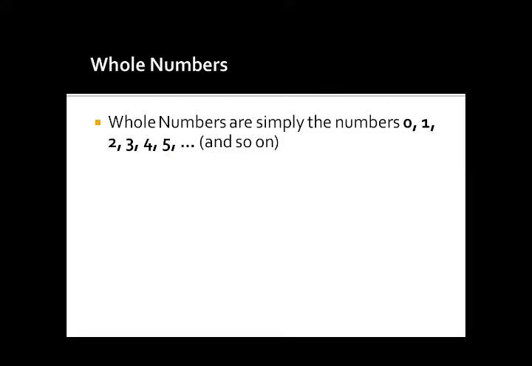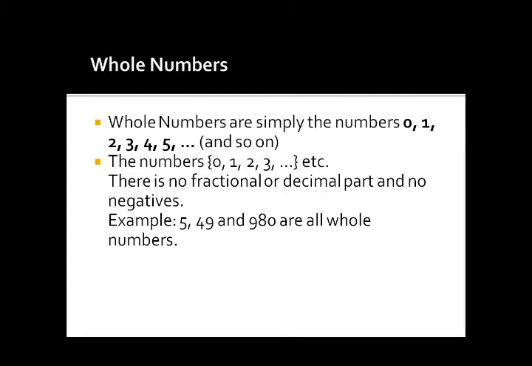Next, we're at whole numbers. Whole numbers are simply the numbers 0, 1, 2, 3, 4, 5, and so on. There is no fractional or decimal part and no negatives.